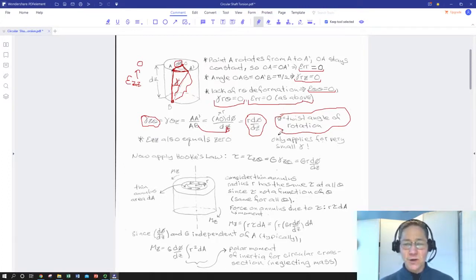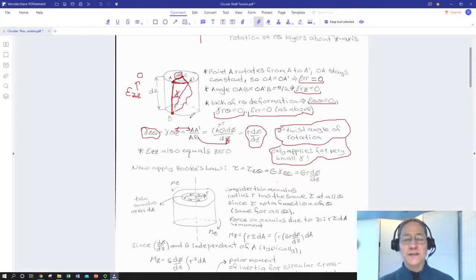And here's a little reminder: this only applies for very, very small gamma. This requirement for small means small angle approximation, like a couple of degrees max, maybe less than 5. We're making a small angle assumption when we equate the tangent to the actual angle to get our shear strain in the theta z.